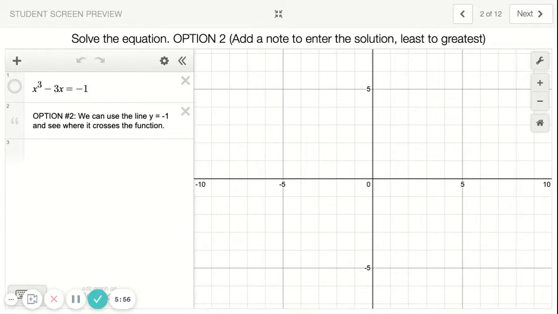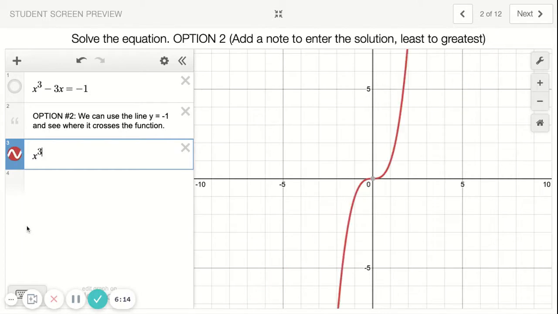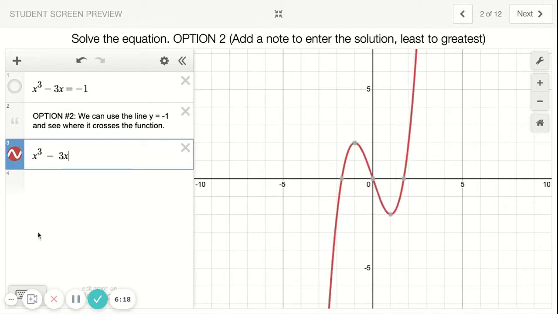So graph what's on the left, and for this one, what's on the left is x to the third minus 3x. We are going to put that in the first available line on slide number 3. So x to the third minus 3x, and that pops up.